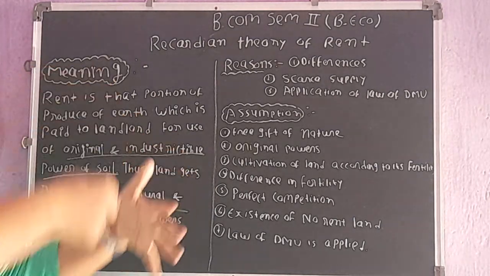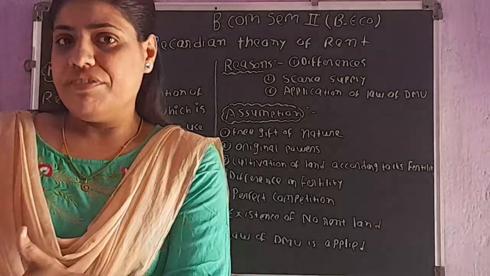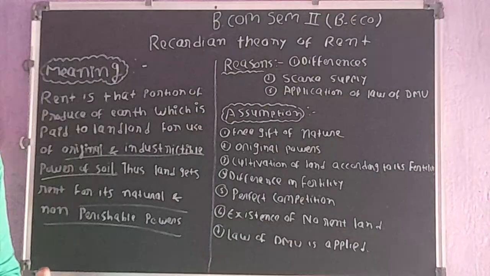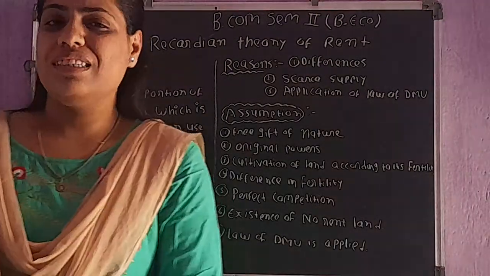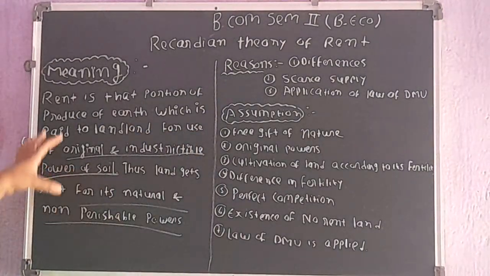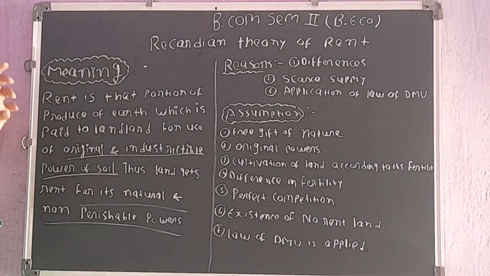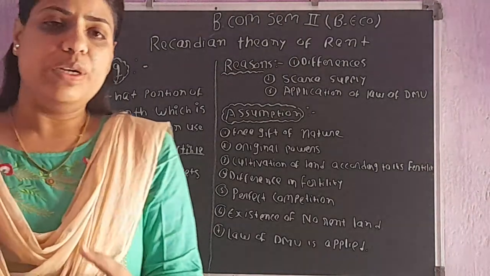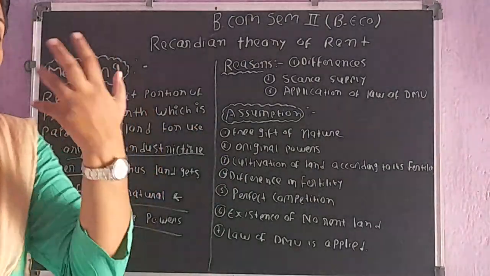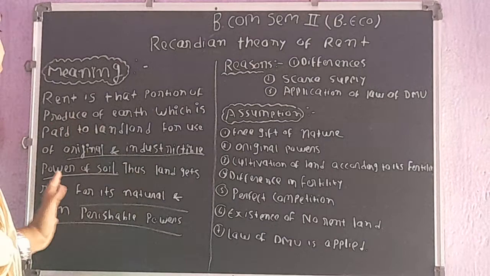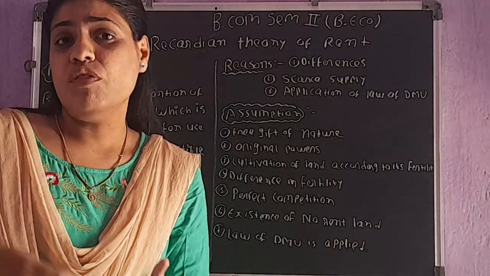Some lands are fertile in nature, some lands are infertile in nature, and all these natural or indestructible powers are possessed by land. So basically, Ricardo says that rent is that portion of the produce of earth which is given to the landlord for using the original and indestructible powers of soil.